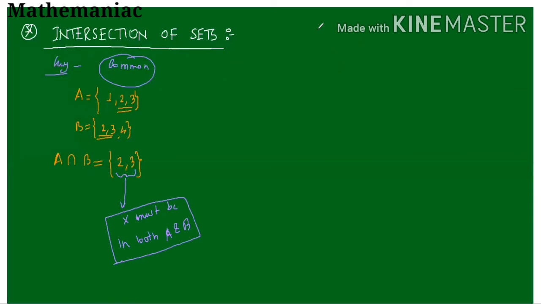Please make a distinction between the earlier case and this one. Earlier it was either A or B, but this time we are pretty sure that we have this in both.